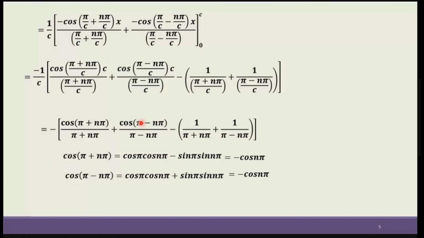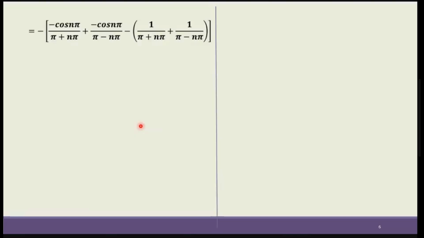Substituting for the numerator, I will get numerator minus cos n pi, and all the other terms are the same.